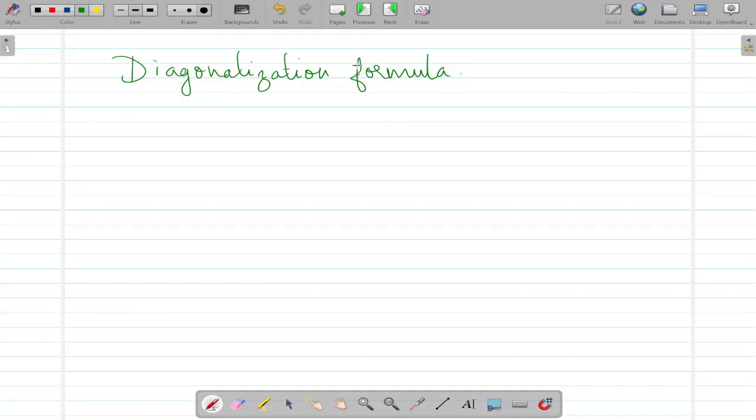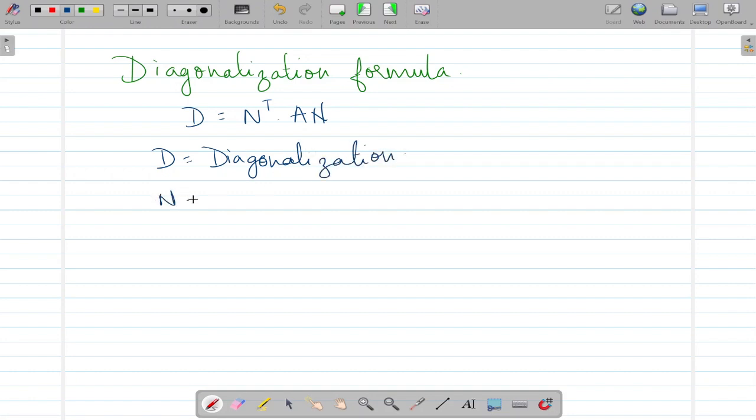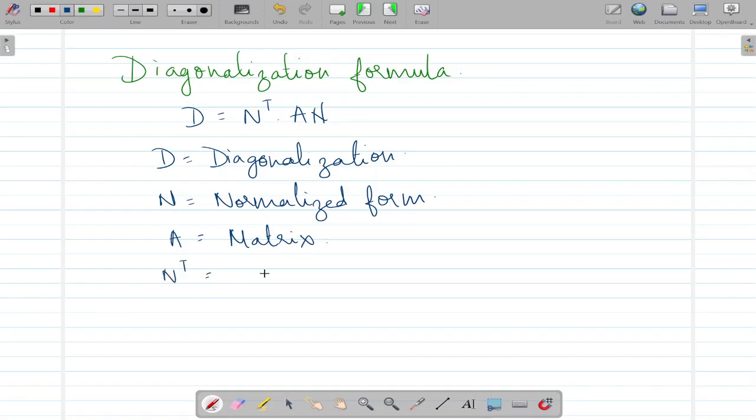So we have a formula for diagonalization. D equal to N transpose into A N. Here D means diagonalization, N means normalized form, A means matrix, and N transpose means transpose of normalized form.